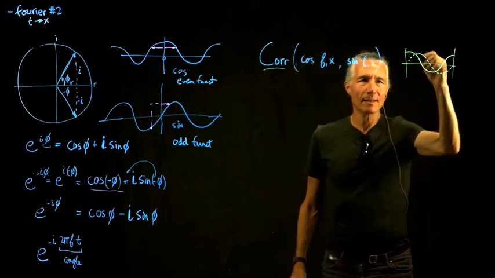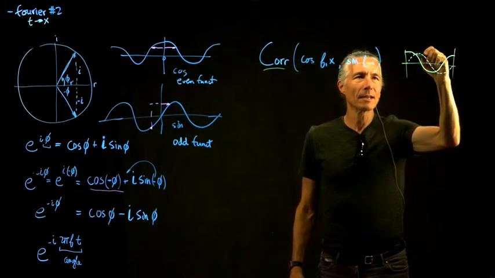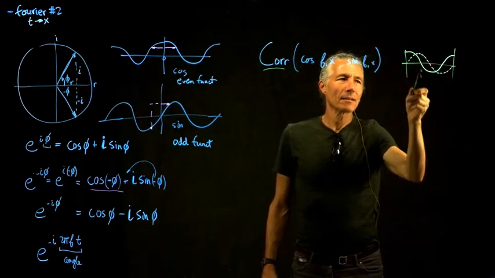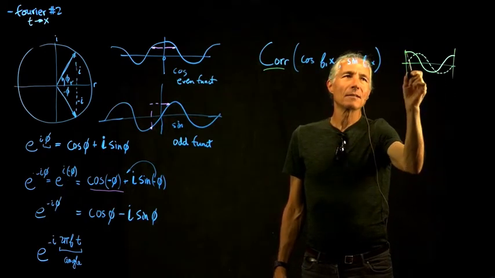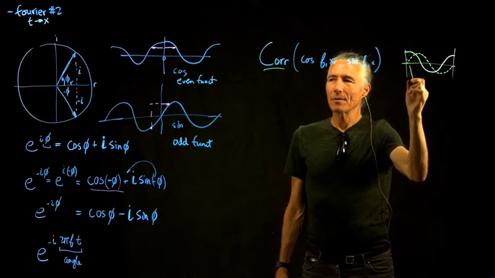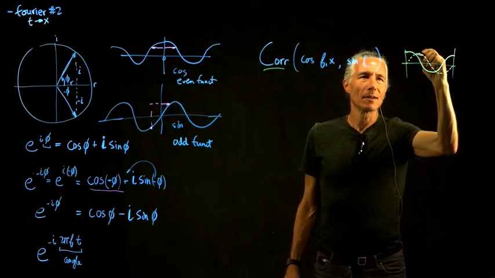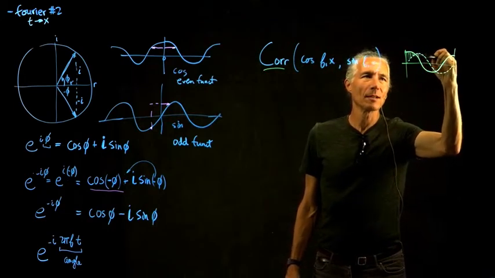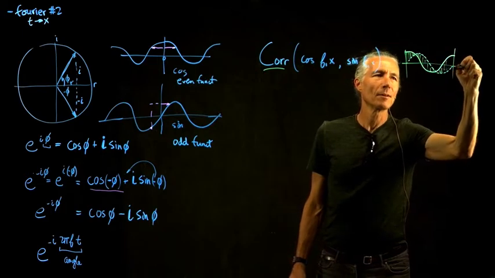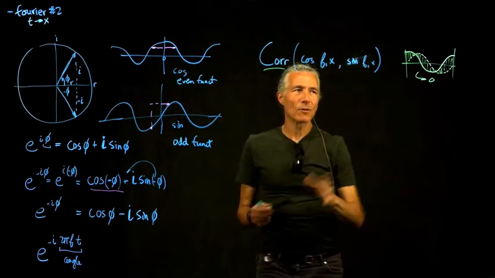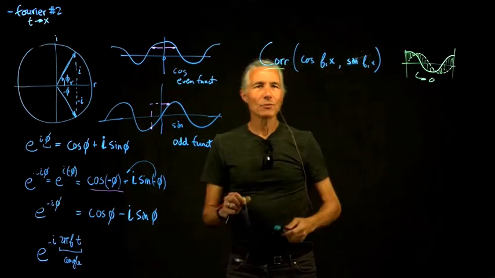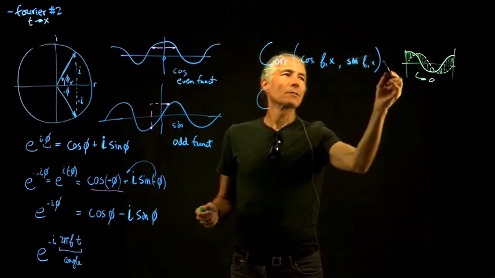The correlation just means the dot product, which means imagine you turn that cosine into a vector, and each value of the cosine is another element in the vector. And so then we just do the dot product between all those elements, multiply them all. And if we do that, the answer is 0.